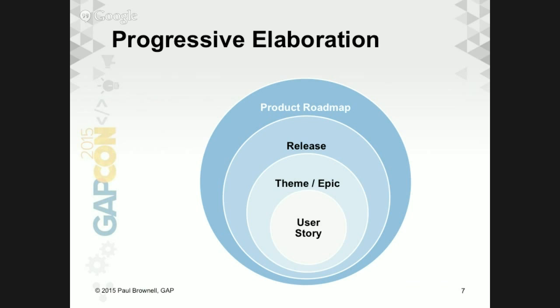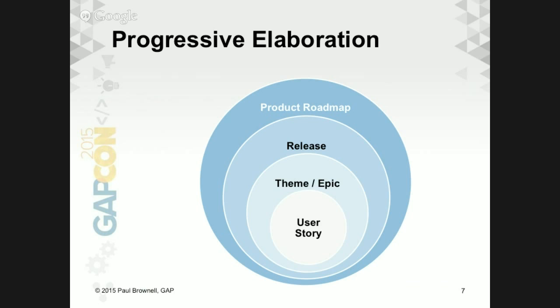It will shift or pivot to new ideas. So if you've done a lot of work detailing out 500 user stories for how you're going to accomplish this theme, and then the theme changes completely, all those stories are a waste of time. They're just wasted work.